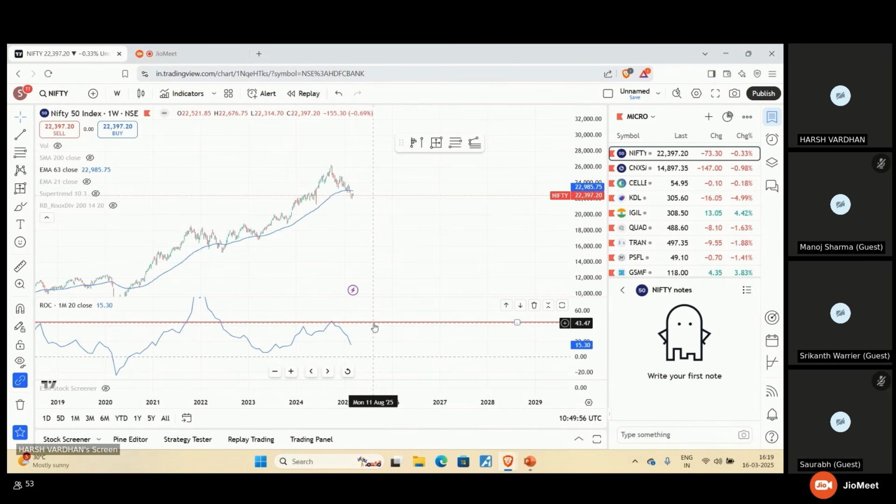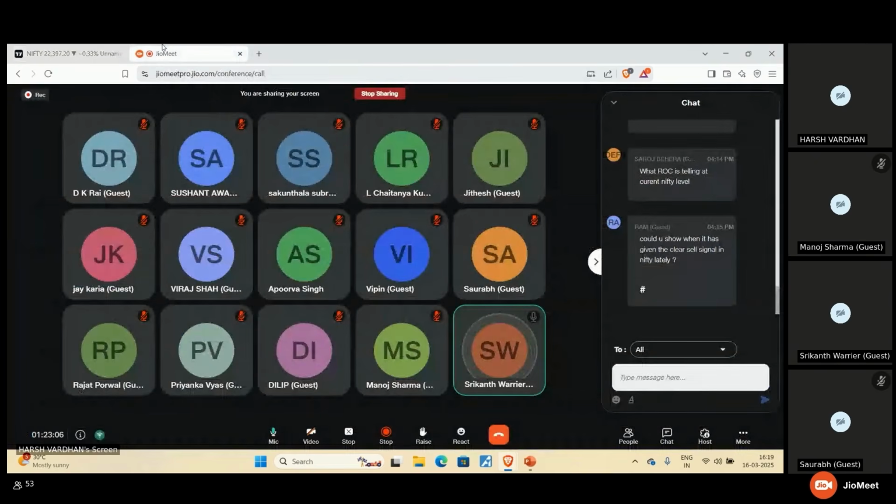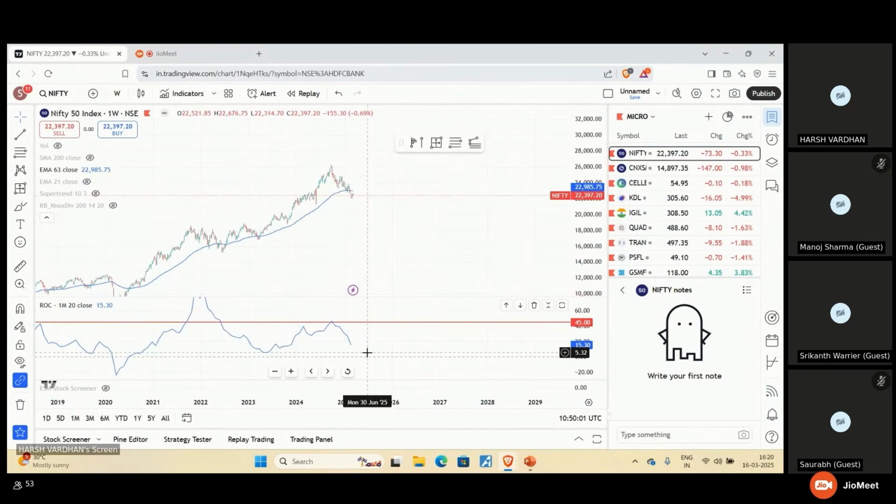That's the core point. And once it starts reaching below 10, start buying. At zero, you should be left with only 5 or 10% cash. If it goes further below zero, then maybe you can deploy all your cash, like at -5, -10.